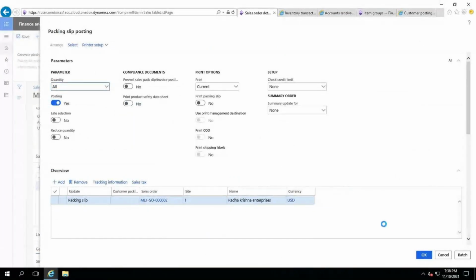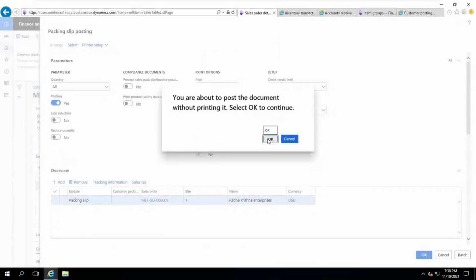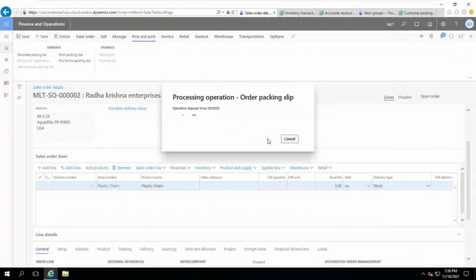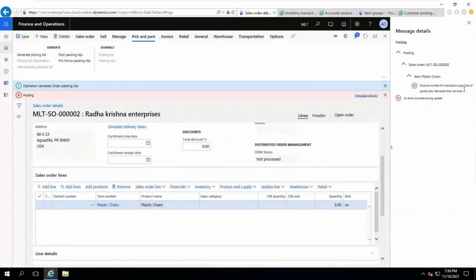Click OK. So a warning message: without any printing you are proceeding. Yes, I want to proceed. Now I will get another error message. Cost of goods sold delivered does not exist.